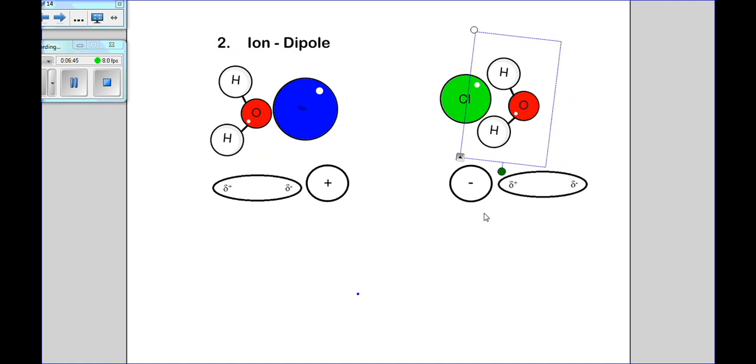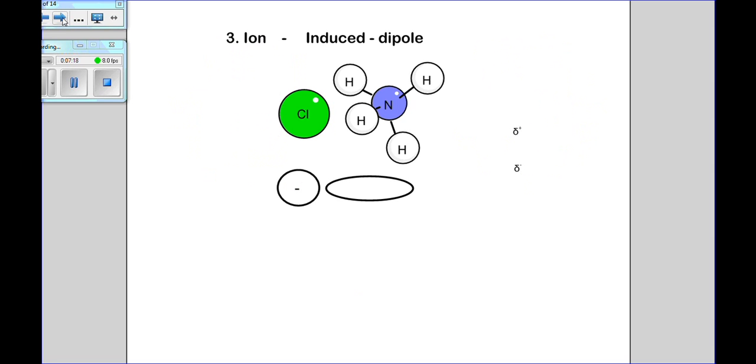So in this case, chlorine is negative and the slightly positive side of the dipole will be attracted towards the negative ion, and in this case it's the hydrogen atom in the water molecule. So this is an example of an ion-dipole force that exists between molecules, and we see that in this case the sodium chloride will dissolve quite readily in the water.